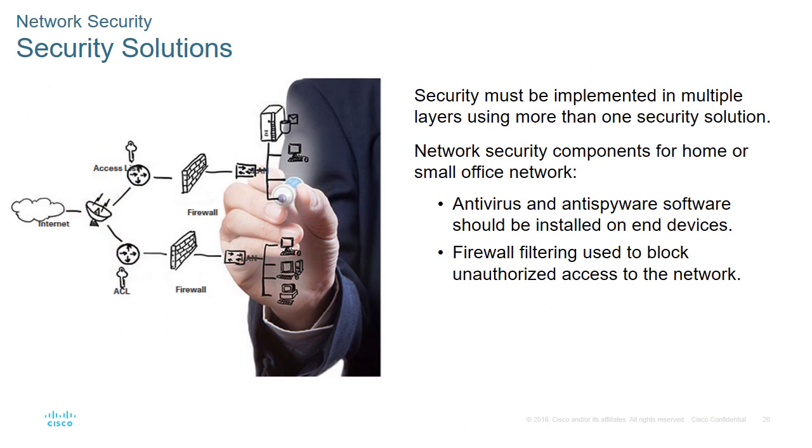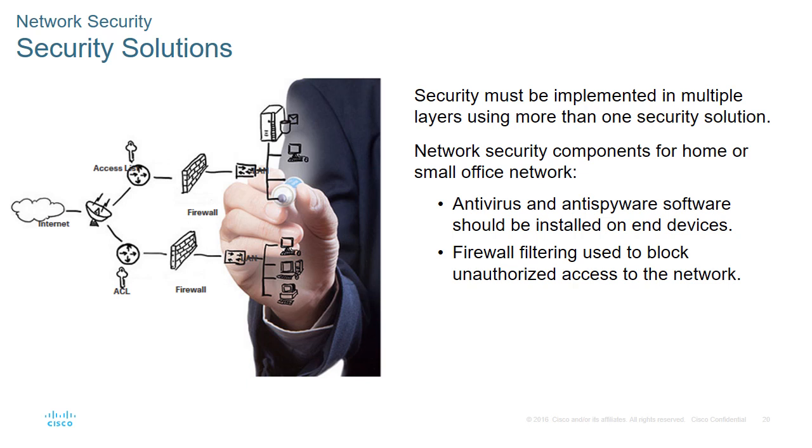Security solutions. How to mitigate the security risk and how to avoid the network security threats. We have to implement a solution for the security threats. Security must be implemented in multiple layers using more than one security solution.